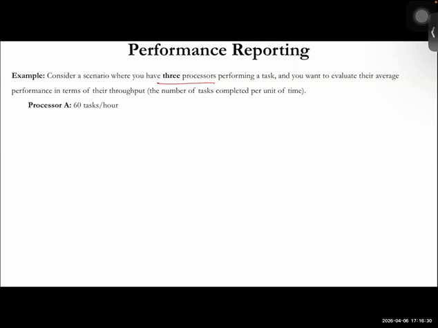Processor A is completing 60 tasks per hour, processor B of the server completes around 120 tasks per hour, and processor C completes 180 tasks per hour. So in total there are 3 processors in the server. Are you getting the point? Good. Then how do we give the average performance report of the server which has 3 processors?